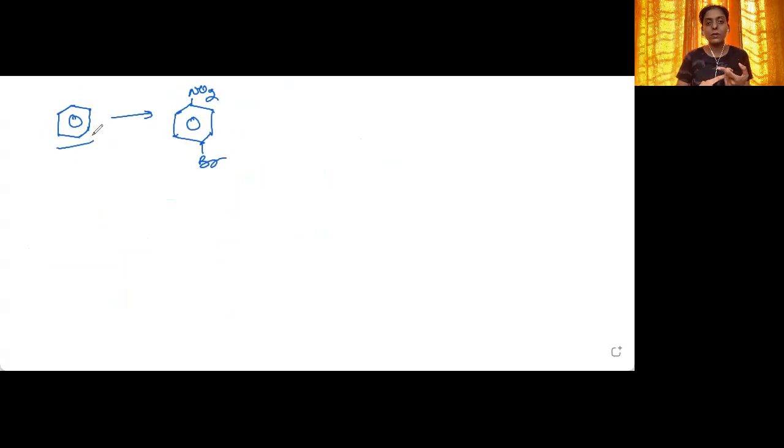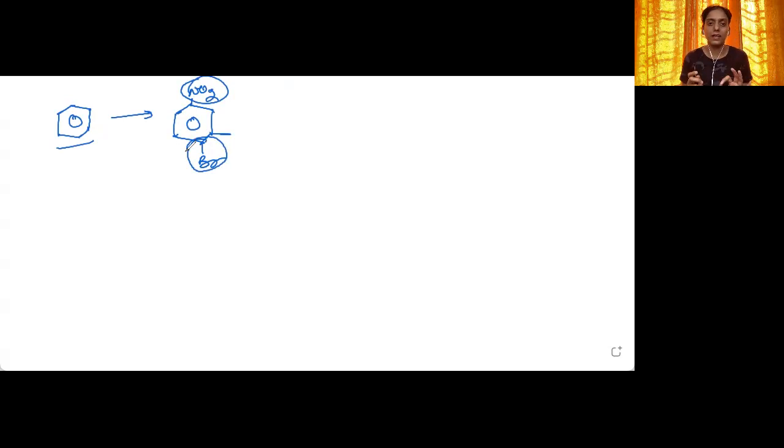The second way can be, first I introduce the nitro group and then the bromo group. But the second way will be wrong because the nitro group is not ortho-para directing, it is meta directing. If you do the nitration in the first step, bromine will go to the meta position in the second step if you do the bromination afterwards.